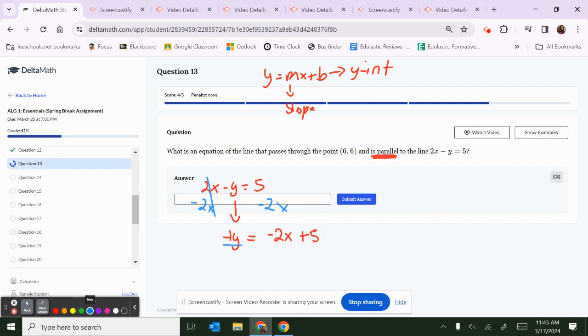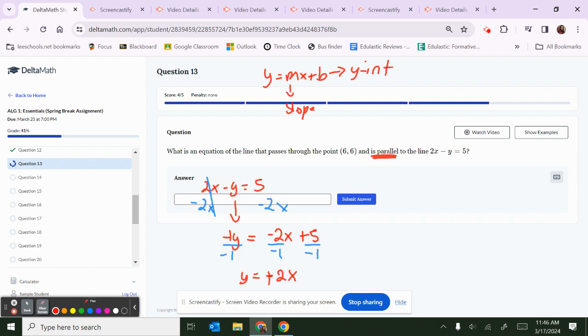Now I'm going to divide by this negative 1, divide by negative 1, divide by negative 1. So I would have y is equal to a negative divided by negative is a positive, and 2 divided by 1 stays as 2. All right? So I can leave it as a 2 over 1. Okay? Or just a 2.